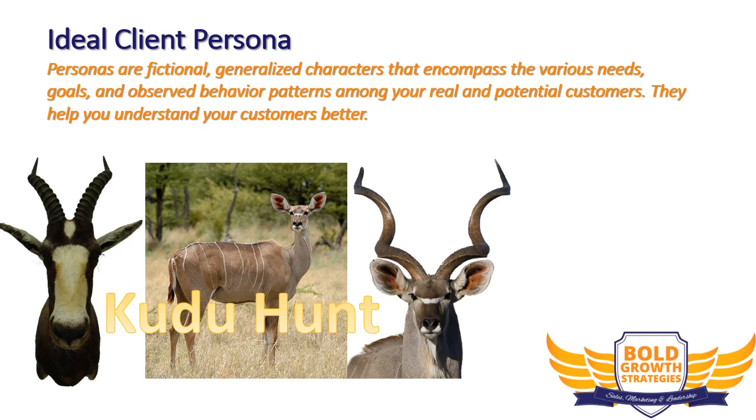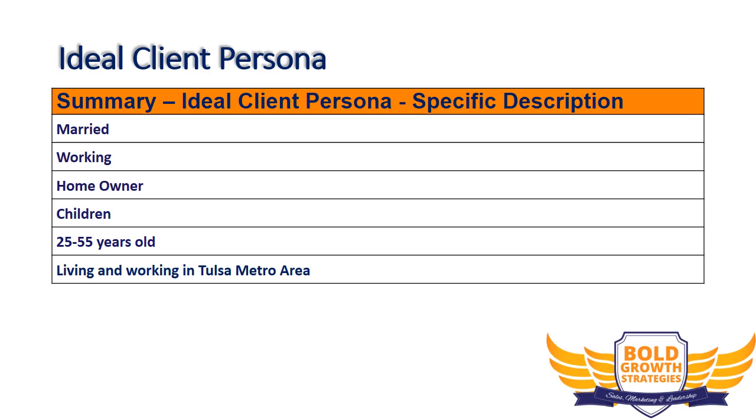And I do find that the ideal client persona for different entities, so B2B or business to business, is different than business to consumer. Business to consumer has different criteria. And here's an example. This is for a life insurance company. A financial planner has this ideal client persona, and they give them a number of stars for how many of those they meet.